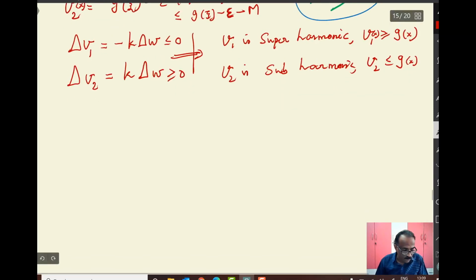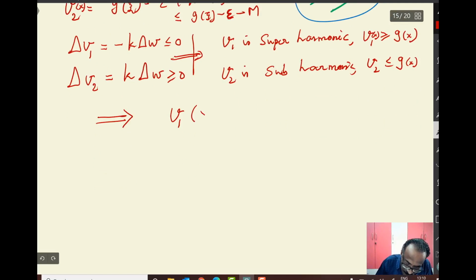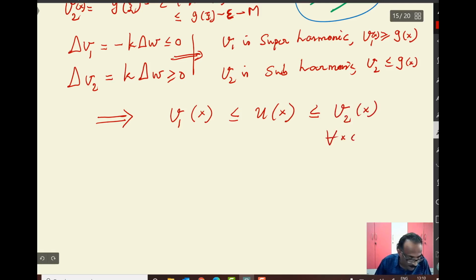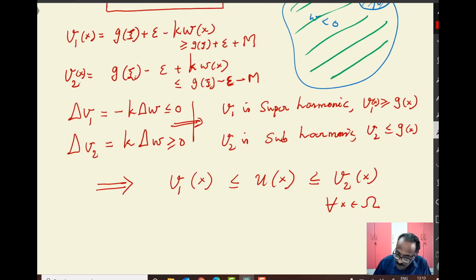So v2 is a subharmonic function, v1 is a superharmonic function, and we can easily use these facts to show that v1 of x is less than or equal to u(x) and less than or equal to v2 of x. This is easy to show for all x in Ω. So now you write down your v1.